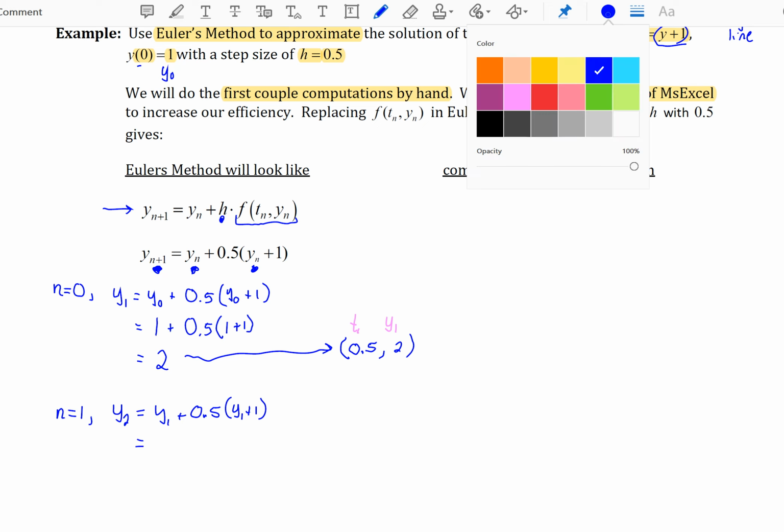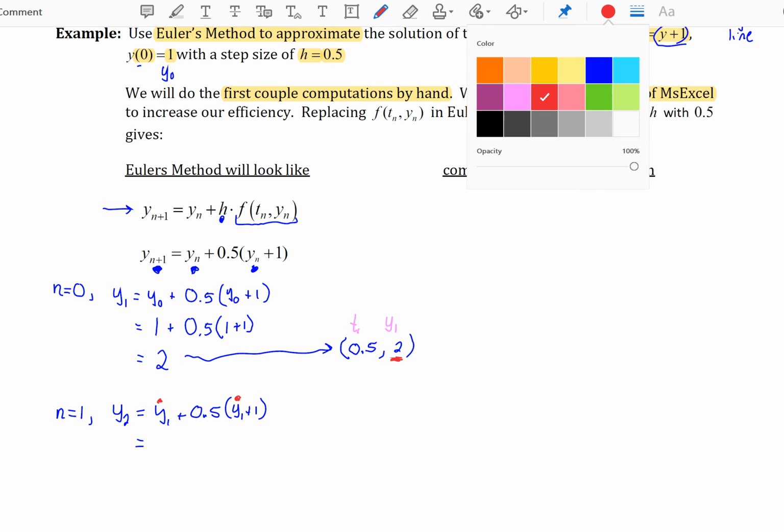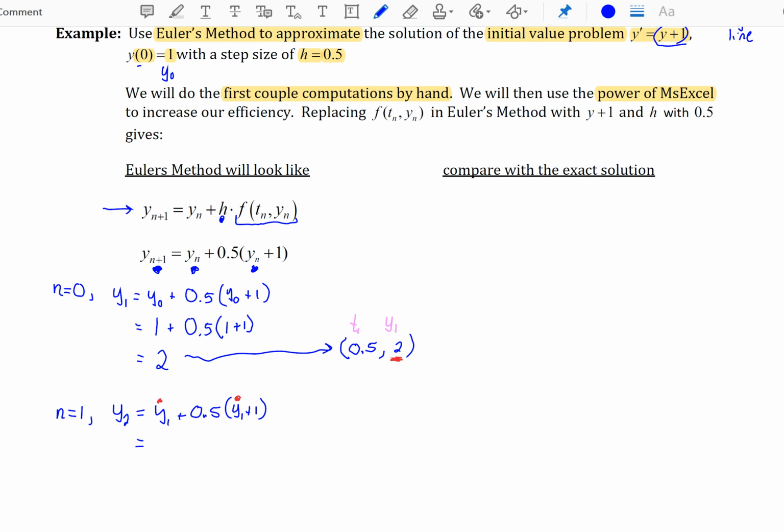However, from our previous iteration, we know y1 is 2. So let's replace our y1s with 2, which will give us 2 plus 0.5 times 2 plus 1. I think if you simplify this, you should get 3.5.